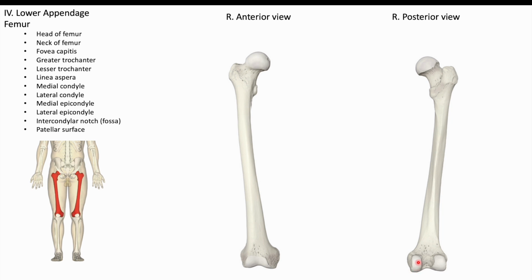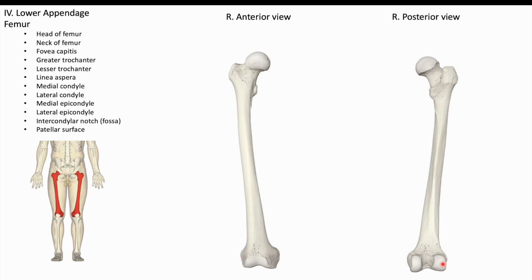You can only see the condyles from the back. So this is the medial condyle, and this right here would therefore be the lateral condyle. Now you have the medial condyle and the lateral condyle.